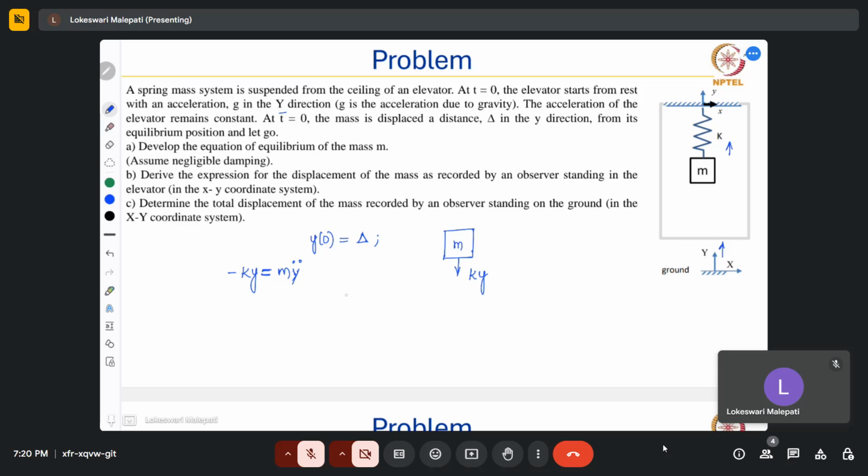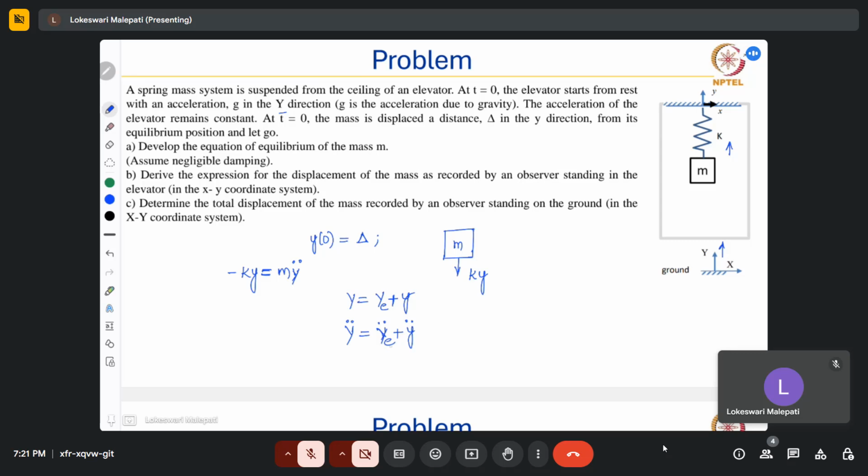And this total displacement would be the displacement of the elevator with respect to the ground, which we can write as y e, plus the displacement of this mass with respect to the elevator, which is small y. So that means the total acceleration will be y e double dot plus y double dot.